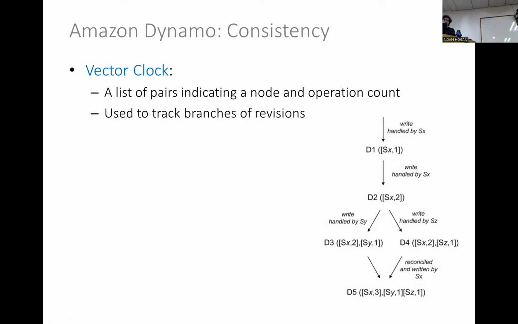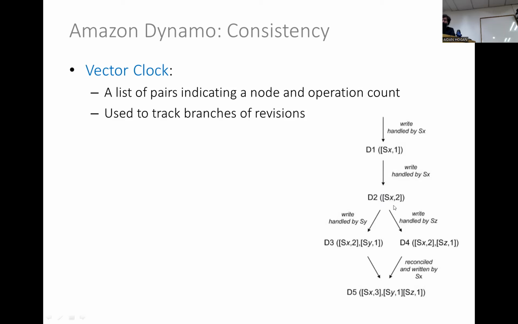D is the ID of the shopping cart. Then let's say we have server X, it writes something to D, or it changes D, the shopping cart. So then we say we increment the number of modifications for server X of the D shopping cart, and that creates a second version D2 of the shopping cart D.